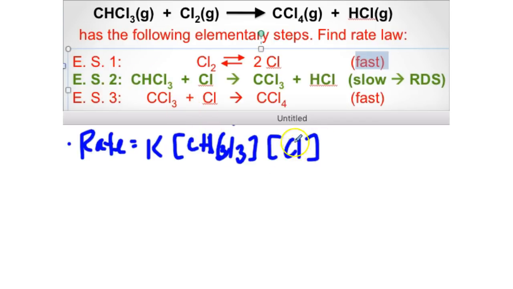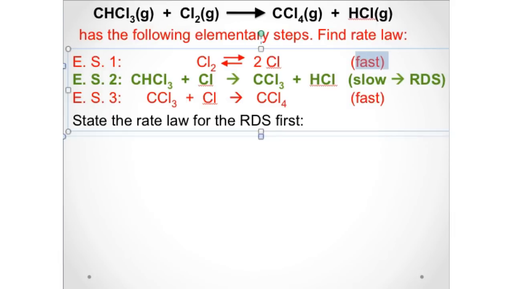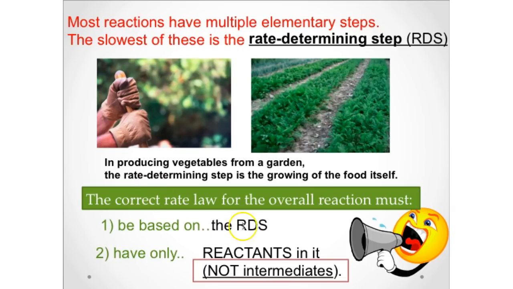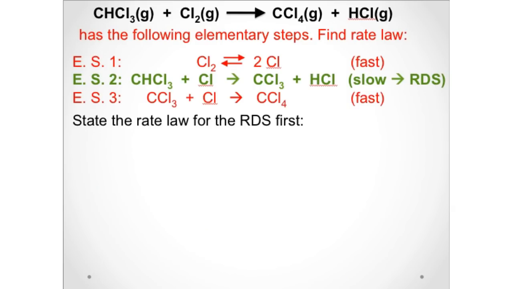However, this Cl is part of the rate determining step, but it's not part of this overall reaction. So if you go back to this slide, it's based on the rate determining step, but it has to have all the reactants from the overall reaction. So it's violating the second requirement right here.